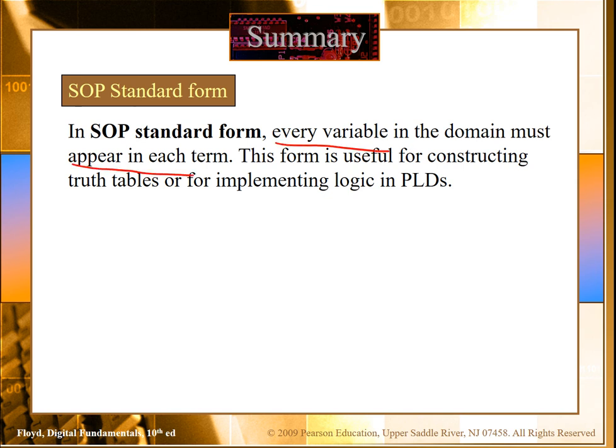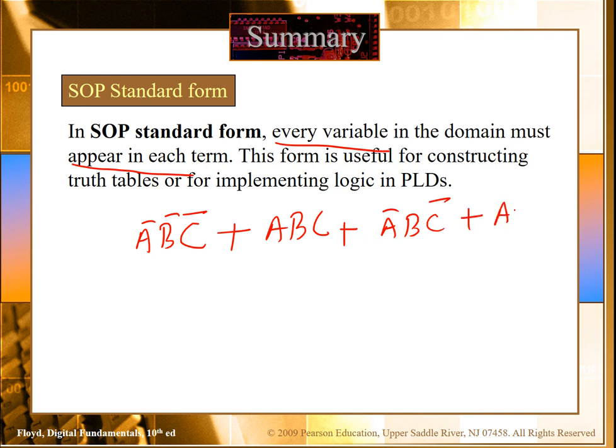For example, let's say I have this example. These are three literals, this is one product term, and this is another product term, and another. So I have four product terms here.